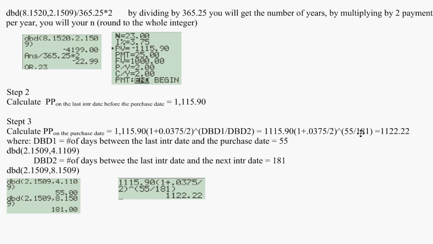So in this case we have 181, and we just use the calculator to find the purchase price. So that's the purchase price for a bond bought or sold between interest dates.